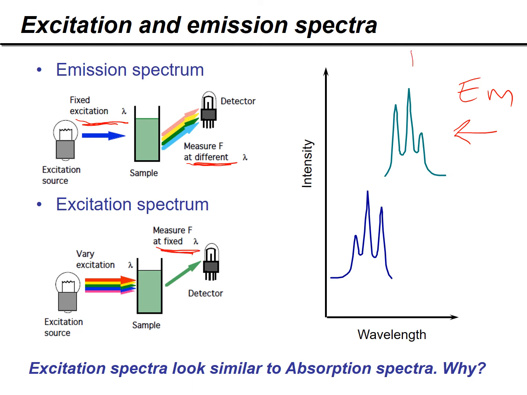Maybe you fix it here. Then you scan the excitation wavelength. So you excite your sample with different wavelengths, scan through on the excitation side, and measure the intensity of fluorescence at this fixed detection wavelength and see how that intensity varies as you go through the different excitation wavelengths. And you get a spectrum that looks like that. The excitation spectrum looks very similar to an absorption spectrum. Again, I'll leave you to think about why, and we'll discuss that in the lecture.